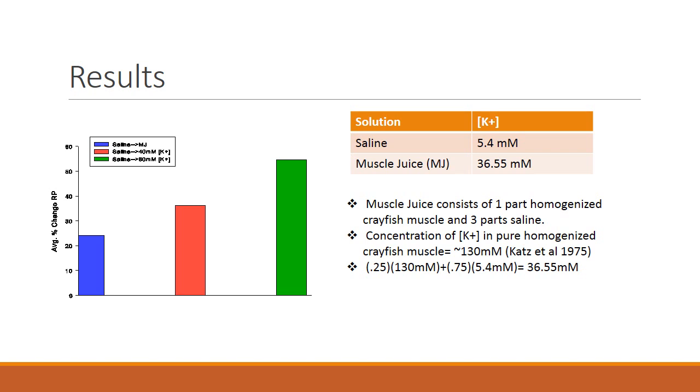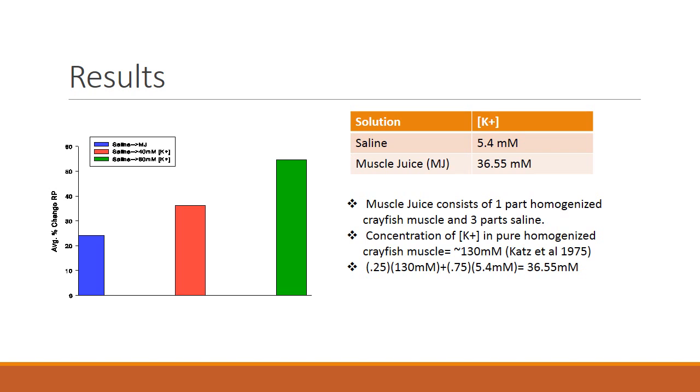The table on the right lists the potassium concentration in the saline, which was 5.4 millimolar, as well as the potassium concentration in the muscle juice that was used. The muscle juice consists of 1 part homogenized pure crayfish muscle and 3 parts saline.